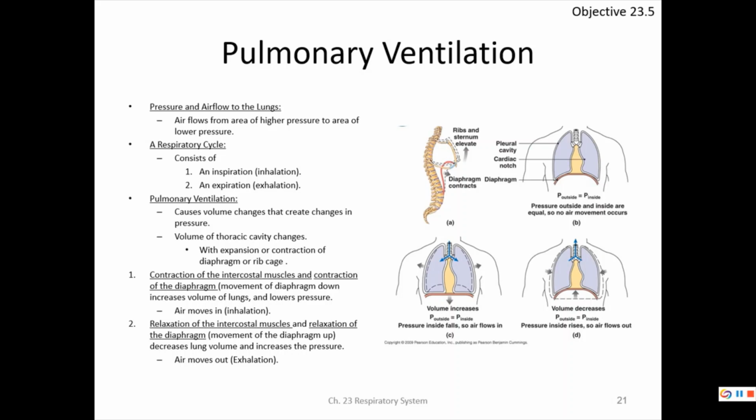And it goes up greater than atmospheric pressure, and it pushes the air outside. Okay? Now, for most exhalations, it's passive. You just let go of it. But you can forcefully do this by doing that, okay?